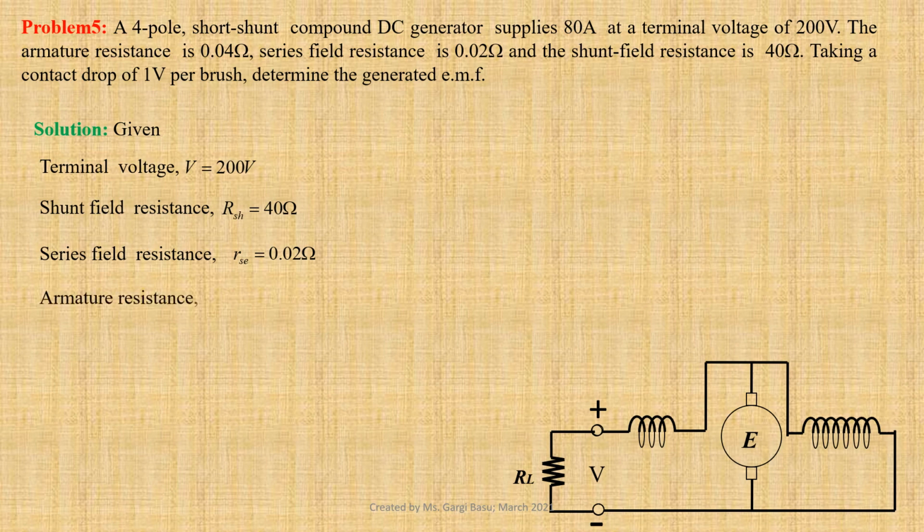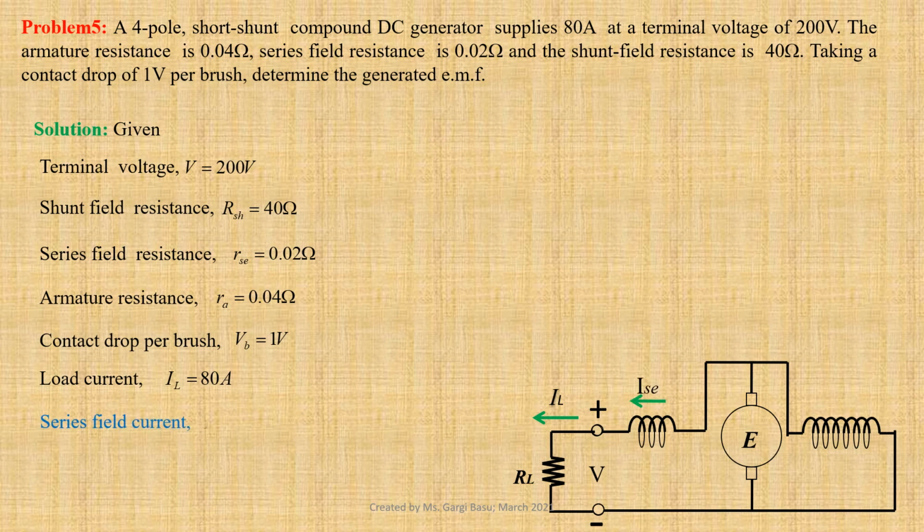Armature resistance RA equals to 0.04 ohm. Contact drop per brush VB equals to 1 volt. Given load current IL equals to 80 ampere. Here series field current IAC equals to IL, that is equal to 80 ampere.